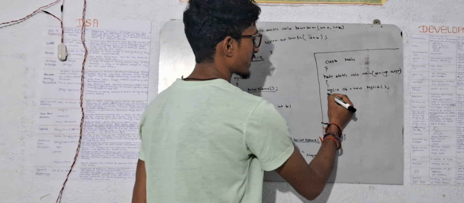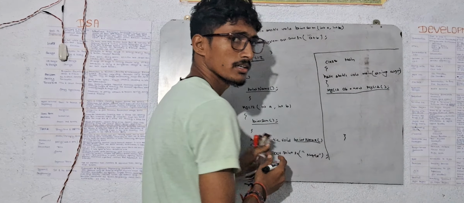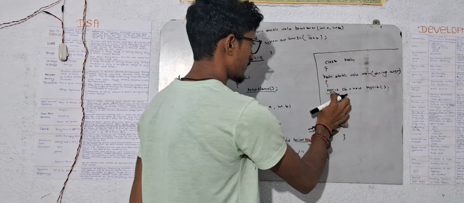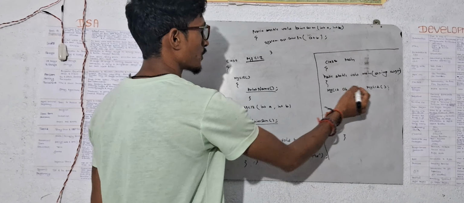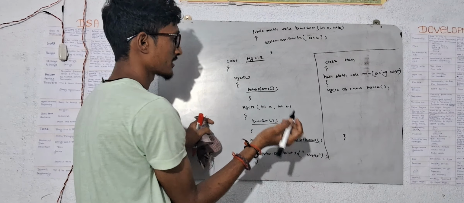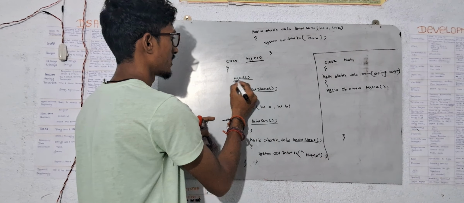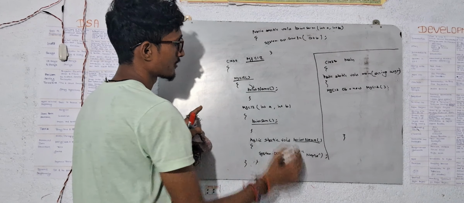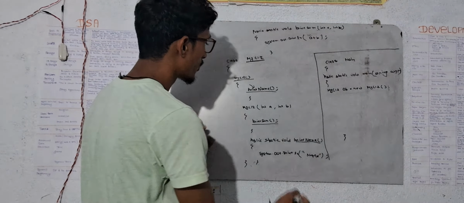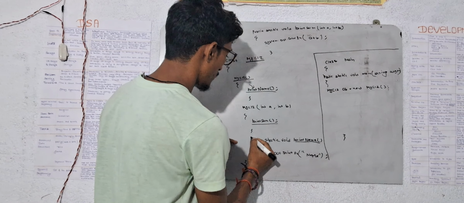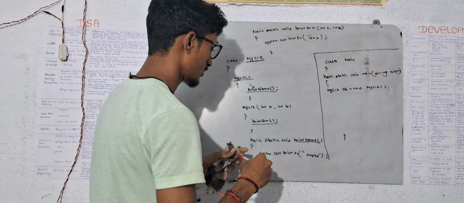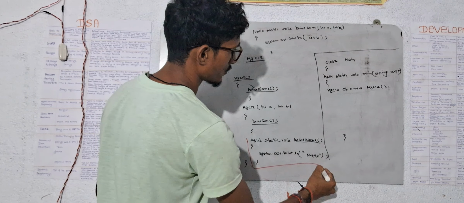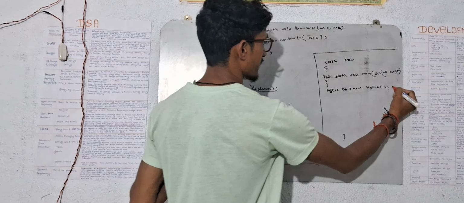When we write this line, by the help of this line, your non-parameterized constructor will be called, and then your print function will be called. So this whole code will execute after writing this line.